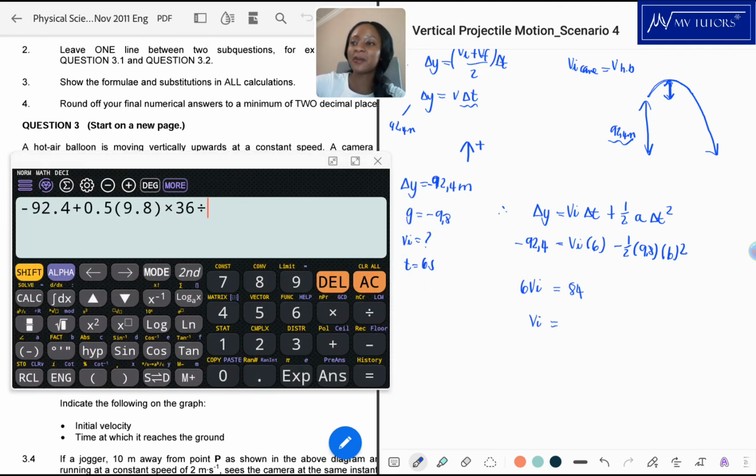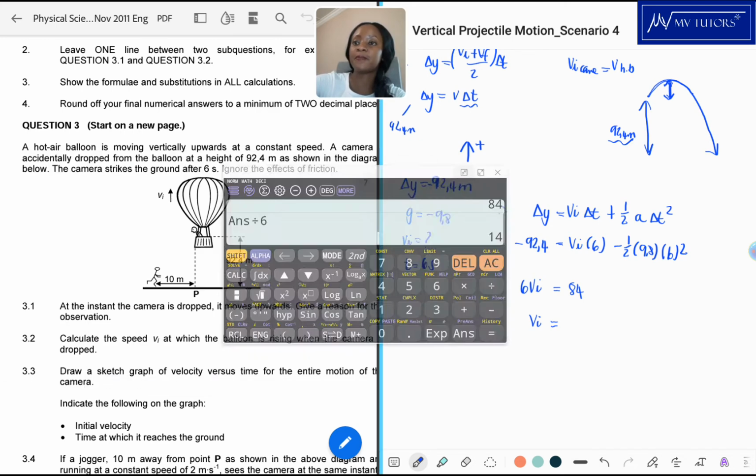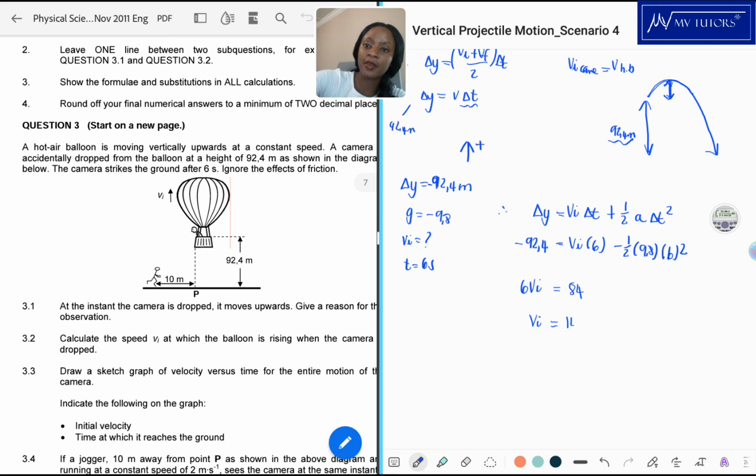Okay, so 84 divided by 6 would be 14. Okay, so I have 14 meters per second. So this is the initial velocity of the camera, the projectile.